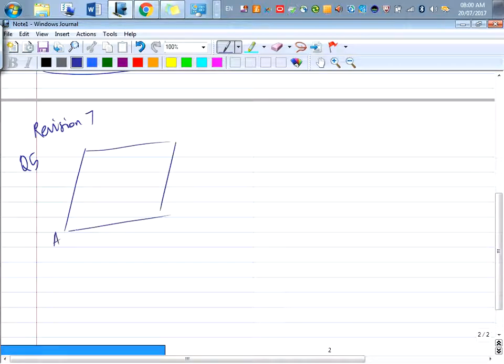If you know the answer, just write it down at the side. Form an equation if you have the capacity to do so. Okay, so they want the length of BD. So think about it, what am I given? Of course, you must identify the triangle first.